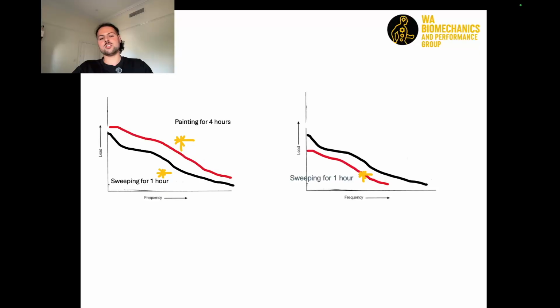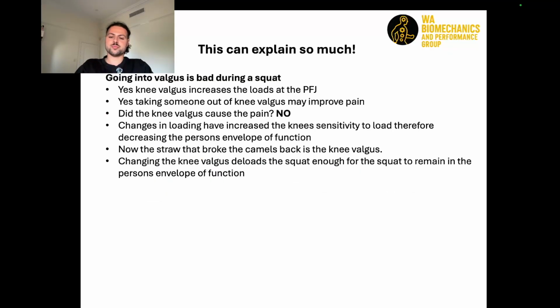Now, the envelope of function probably doesn't change all that much, but maybe you've exceeded the supraphysiologic, you've actually gone into the zone of structural failure and that's caused your load tolerance to creep down. And now sweeping for 1 hour, that's actually sitting on or outside your load tolerance. Okay, so there's nothing wrong with sweeping, it's just now not sitting within your envelope of function.